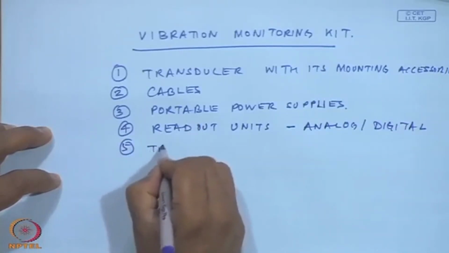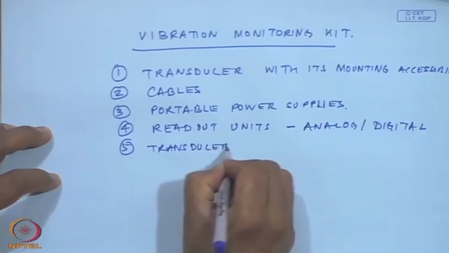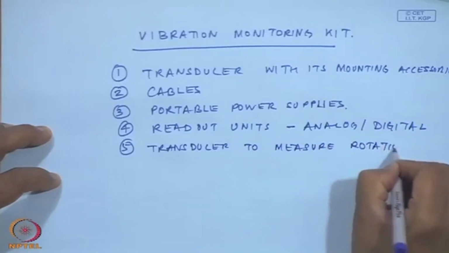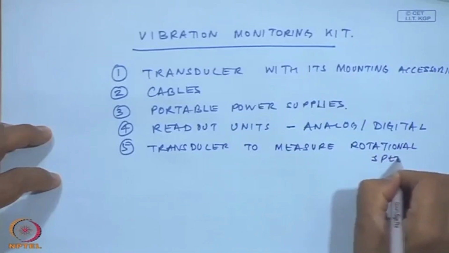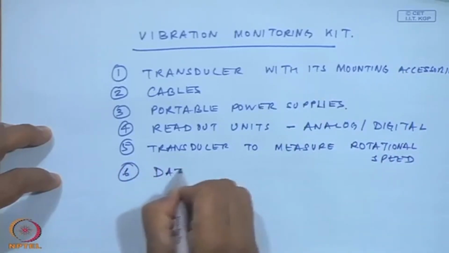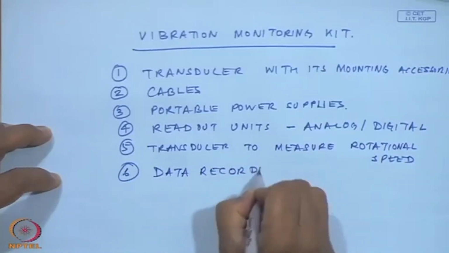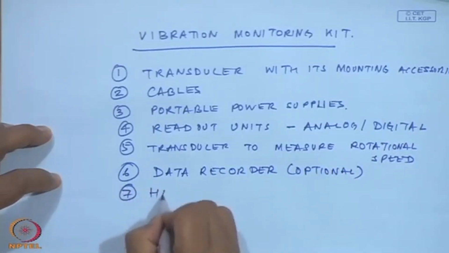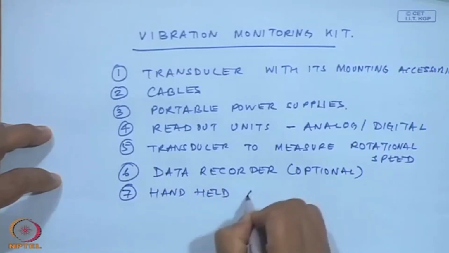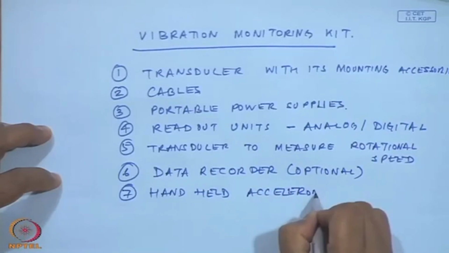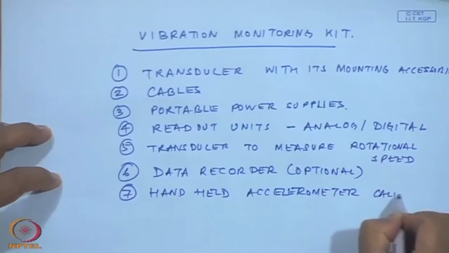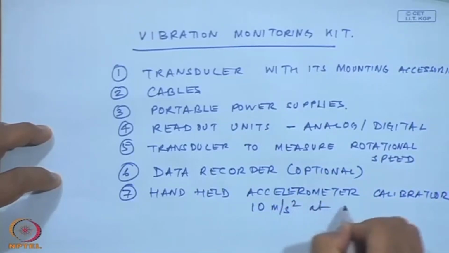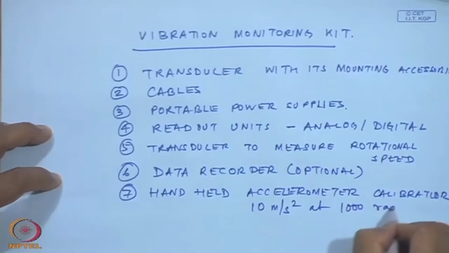Transducer to measure rotation. Sometimes a data recorder, and of course, another very important thing is the handheld calibrator, typically which gives 10 meters per second square at 1000 radians per second.